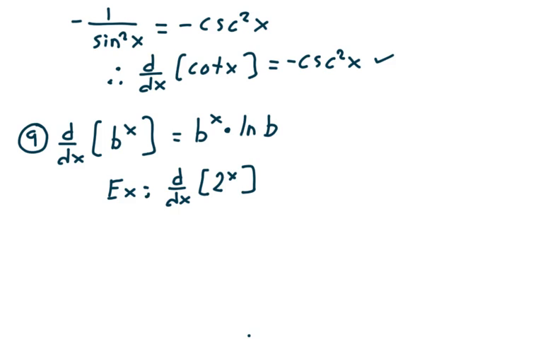The base is 2, right? So here, I'm going to take 2 to the x and multiply by natural log of the base. Here, b is greater than 0, and b cannot equal 1, because when b is 1, you're taking the derivative of a constant.